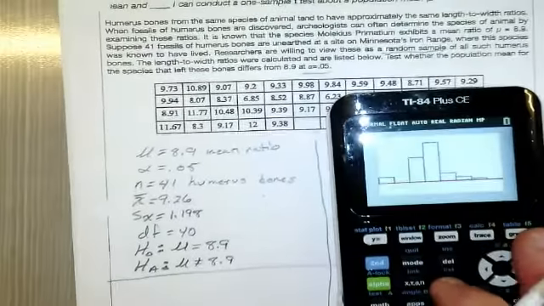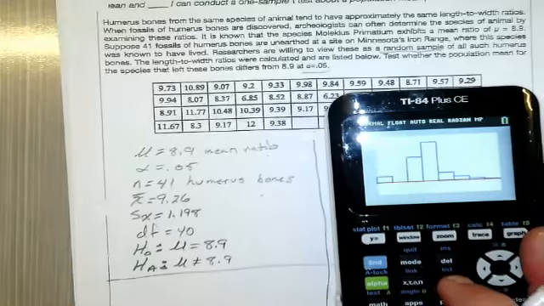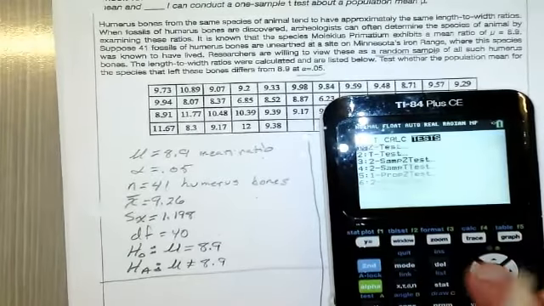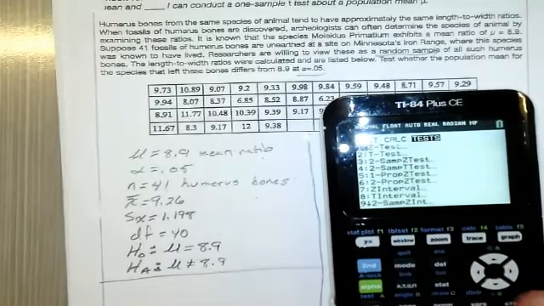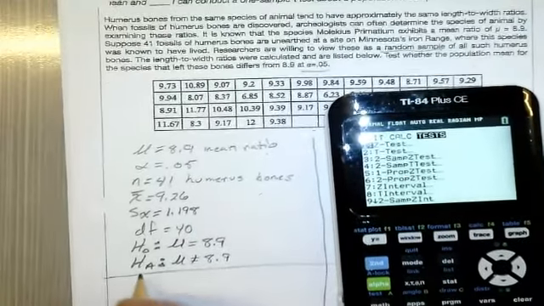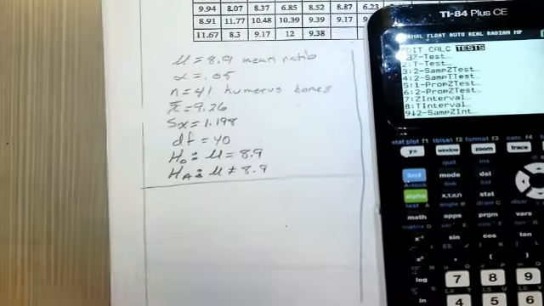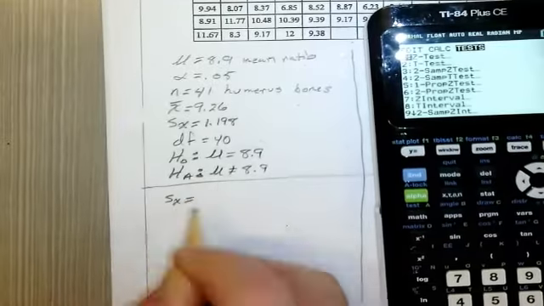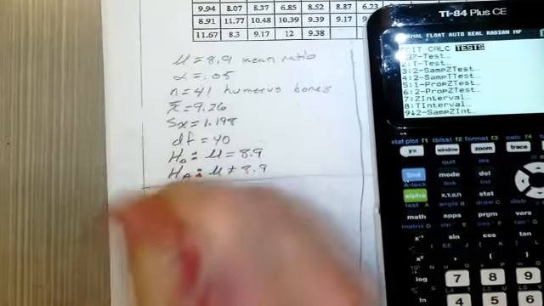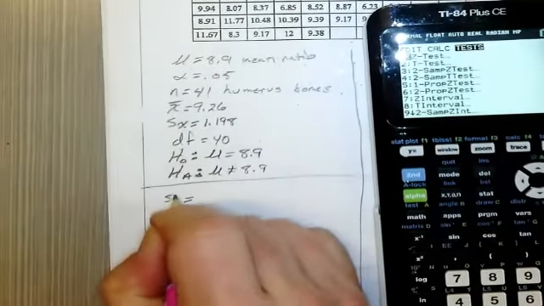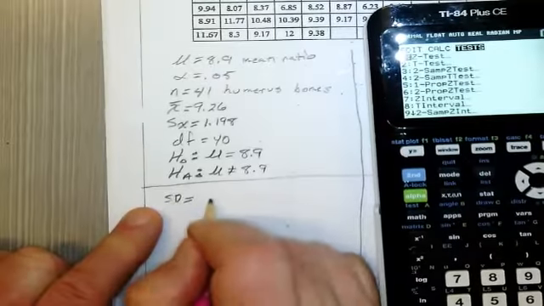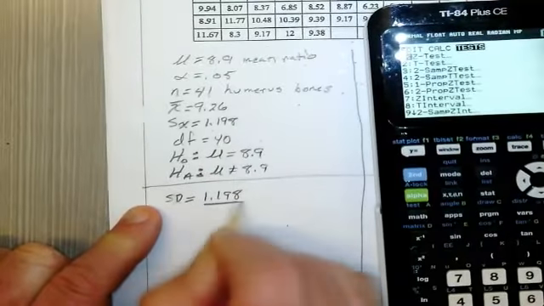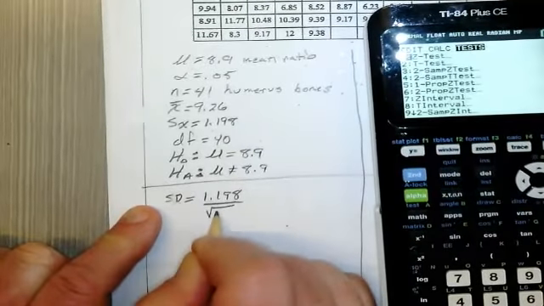Okay, and to do the t-test, we go stat, over to test, and it's the second one. But before we do the t-test, we have to show our standard error. Our standard deviation for this problem is going to be 1.198 divided by the square root of 41.